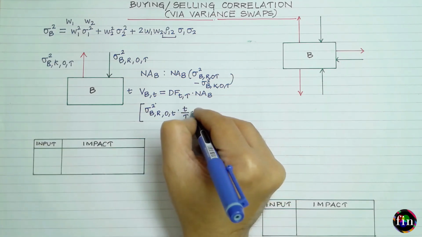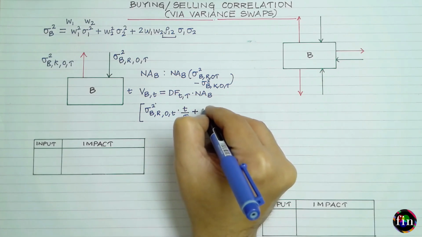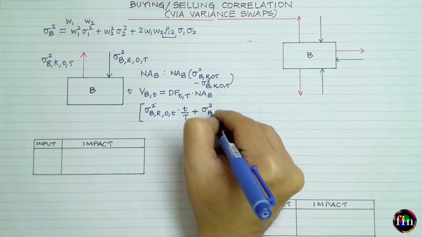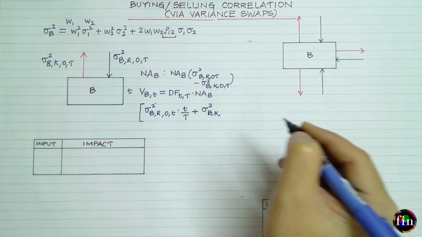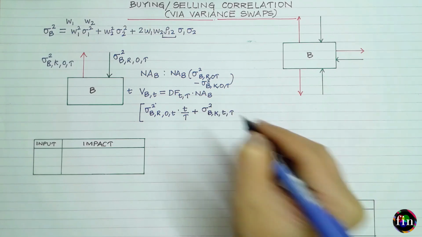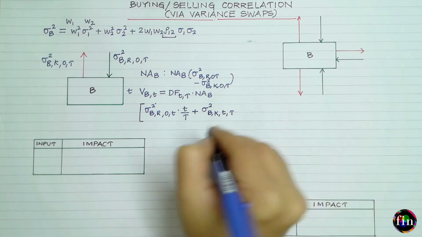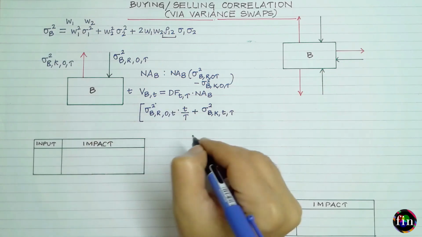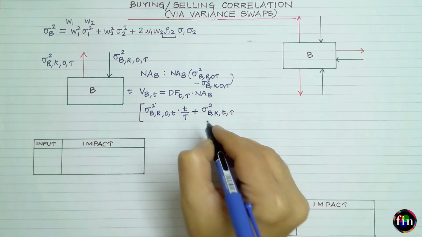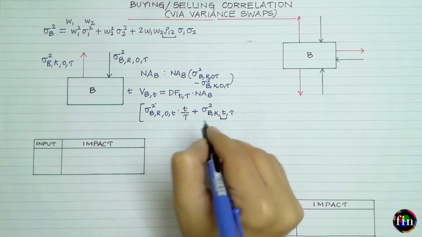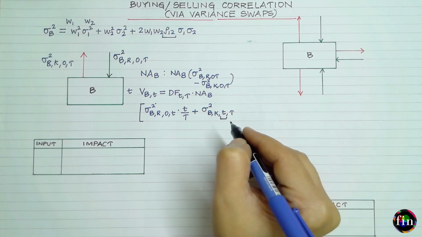Okay, then the other portion should be sigma squared BK. Now take a look at my nomenclature. I'll write lowercase t to capital T. This basically means it is the fair variance of my basket as quoted in the market as of this time t, when, let's say, new conditions are now prevailing in the market.